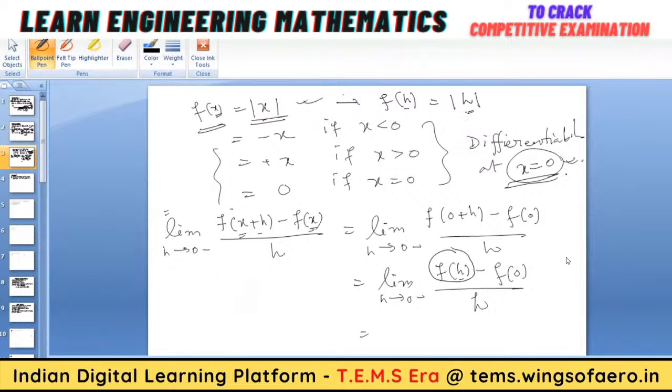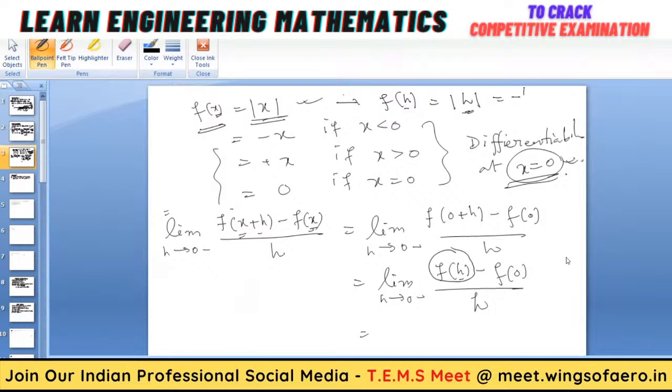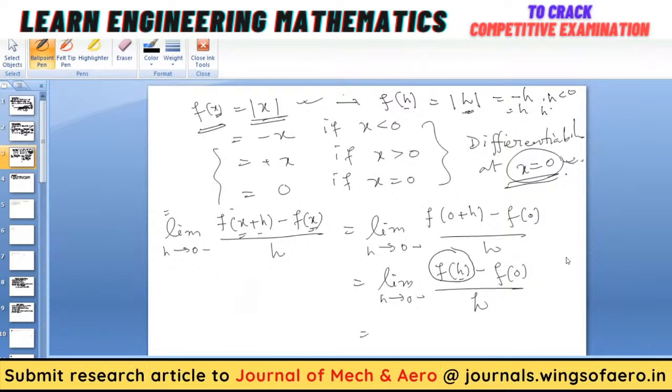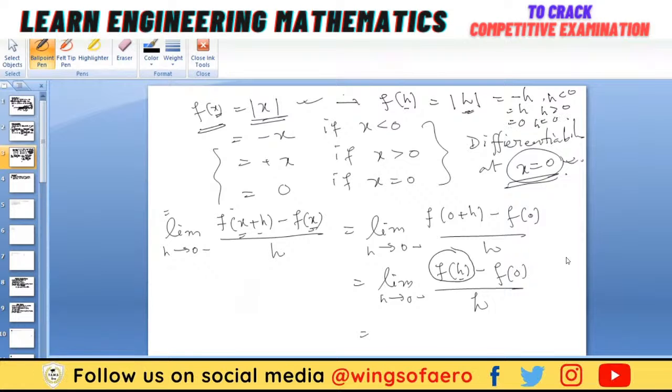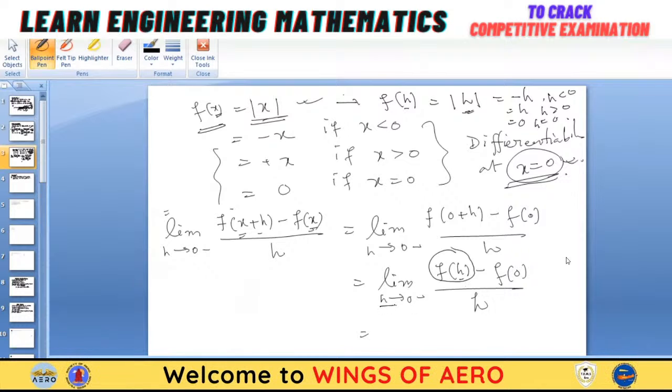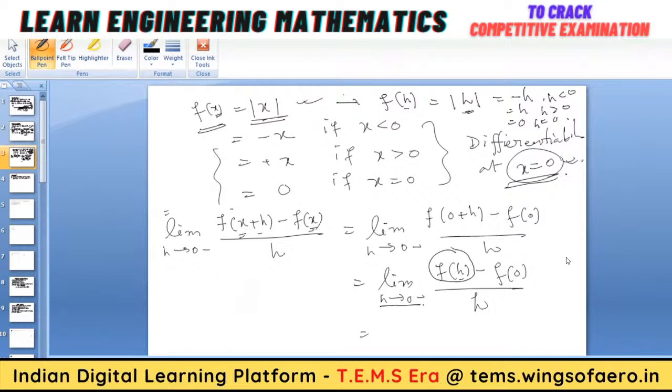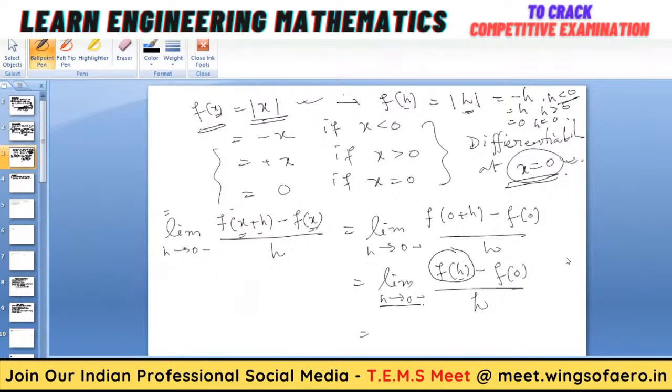According to this definition, everything changes. This is equal to minus h if h is less than 0, equal to h if h is greater than 0, and equal to 0 if h is equal to 0. So the definition will be the same. If I consider h tends to 0 minus, that is, approaching from the left side, then it becomes the h less than 0 portion, so the value is minus h.